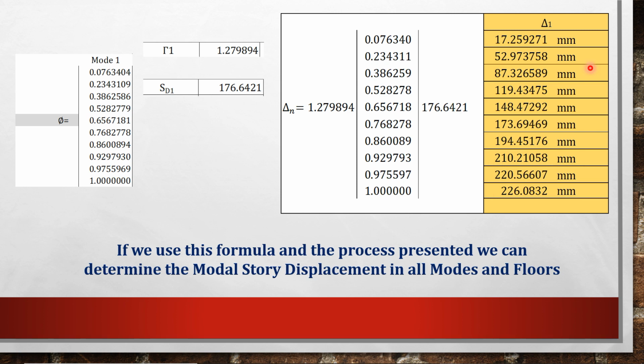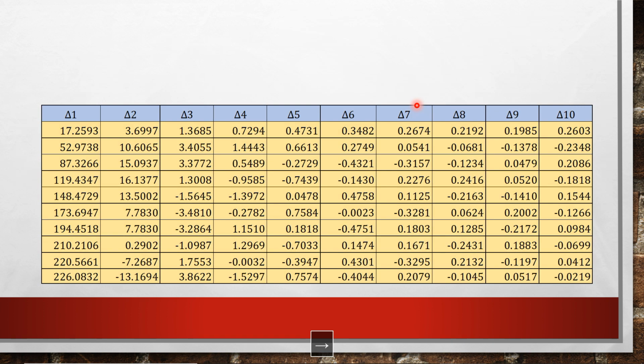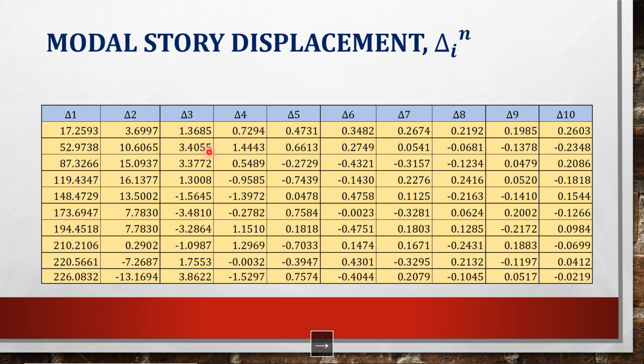This is our delta 1, the displacement. So if we use this formula in the process presented, we can determine the modal story displacement in all modes and floors. Using the formula from earlier plus the process shown here, we can solve our modal story displacement.